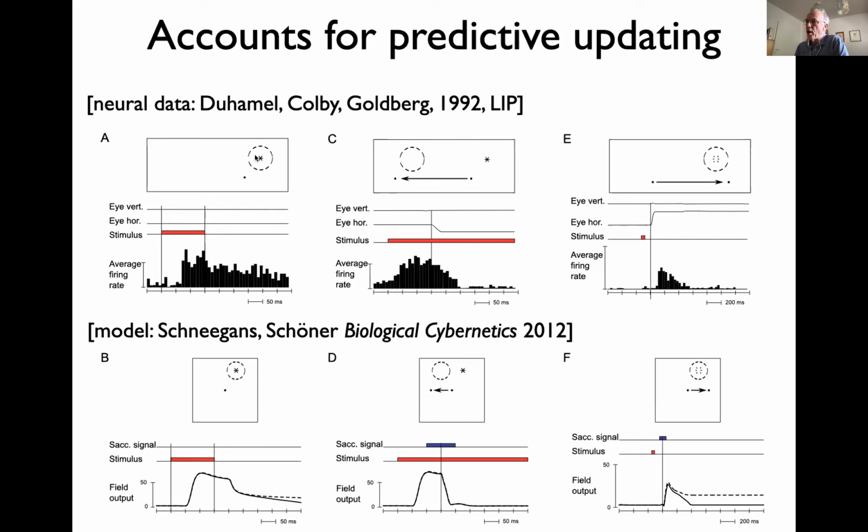So if a stimulus falls into that receptive field, this neuron fires, the stimulus is on here. If you turn the stimulus off, it keeps firing actually, so it has some kind of memory function. But if the monkey moves the fovea away from that location so that the receptive field is no longer driven by that input, then the firing actually decreases.